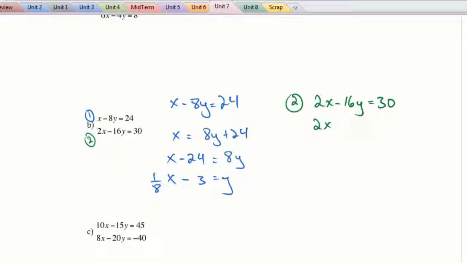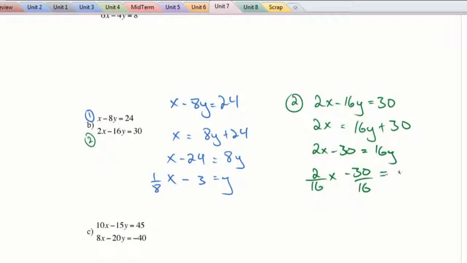I'll move the 16y to the other side, subtract 30, getting ahead of myself. 2x minus 30 is equal to 16y, divide everything by 16, so I get 2 over 16 x minus 30 over 16 is y. 2 over 16 is the same thing as 1 over 8 x. 30 over 16, I don't know what that is, but I guess I could take out a 2, so I could get 15 over 8 is y.